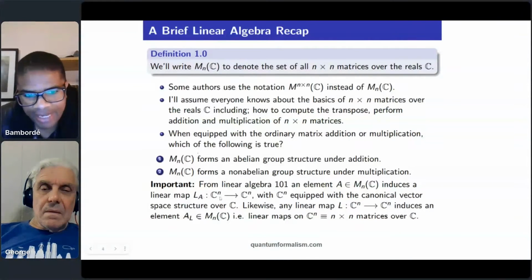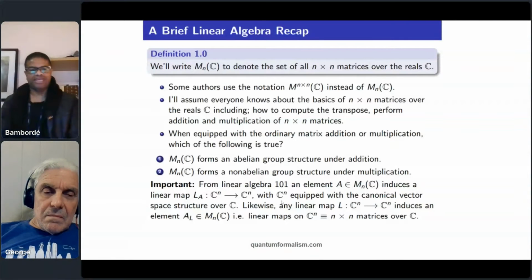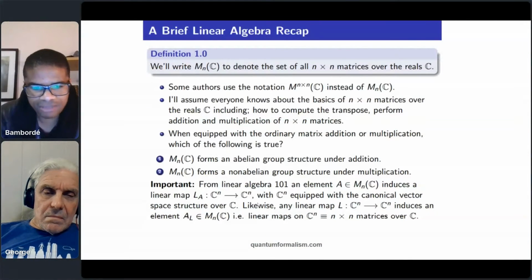Okay. Another thing is just like in the real case, when you have an n by n complex matrix, this induces a linear map from the space Cn to Cn, right? Equipped with the complex vector space structure.